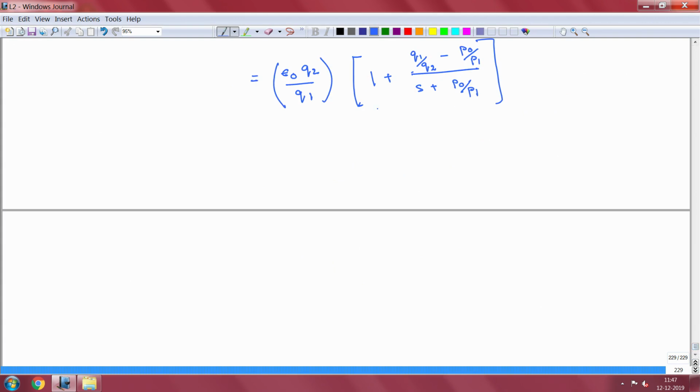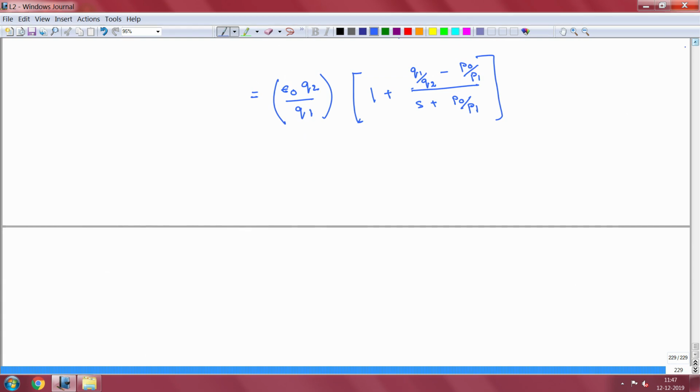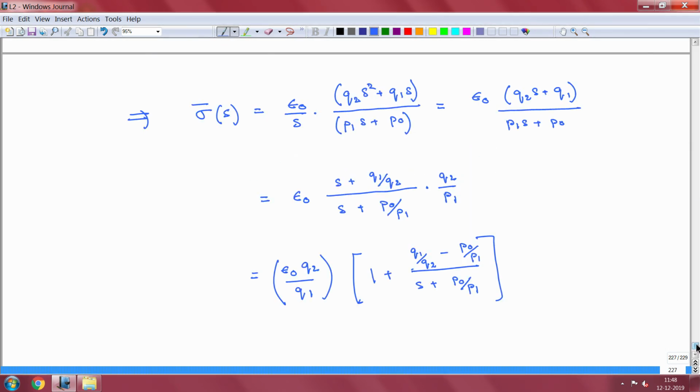See, I deliberately did this, because when I have to take the Laplace inverse, this is a constant, here this is just 1, and here this is a functional form that we are well acquainted with. So, we already know what the Laplace inverse of this is. This will be an exponential form, and the Laplace inverse for 1 will be the Dirac delta function. Okay. So, this is still in the Laplace domain. This is my sigma bar s.